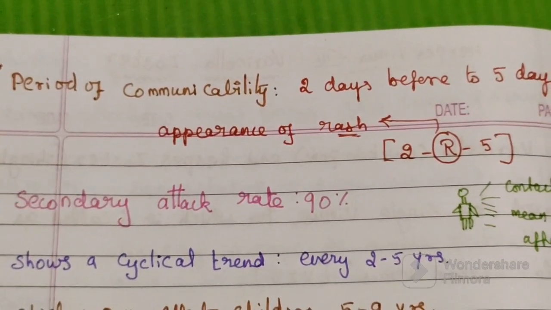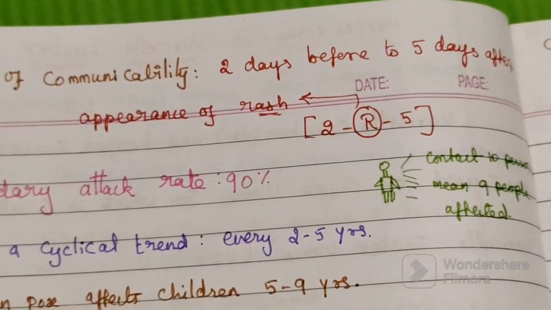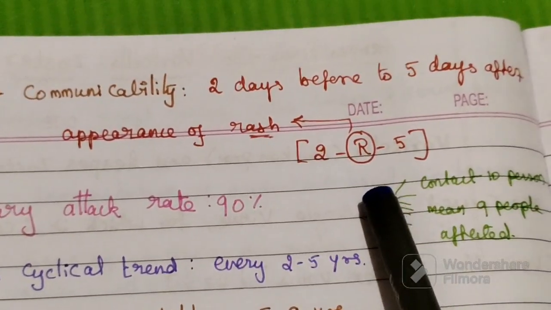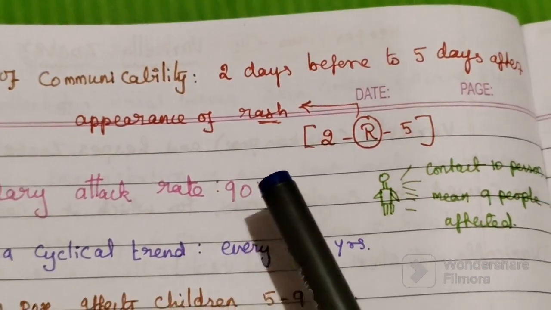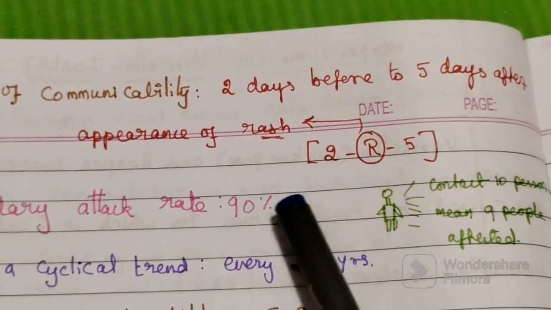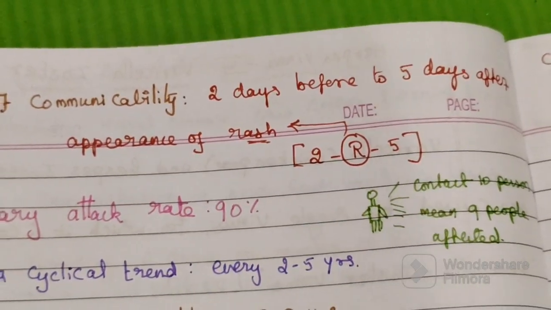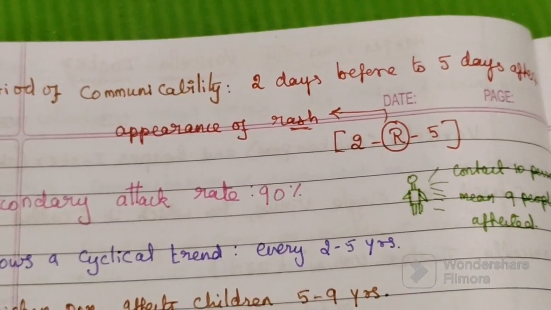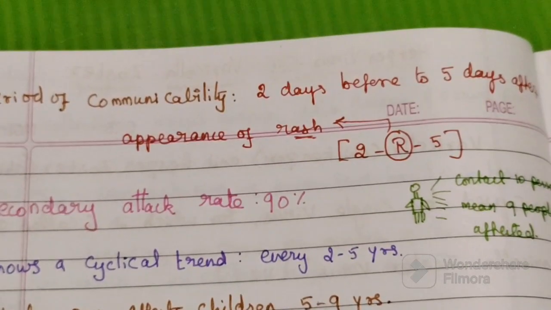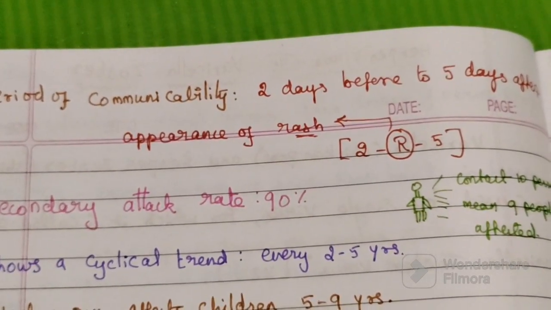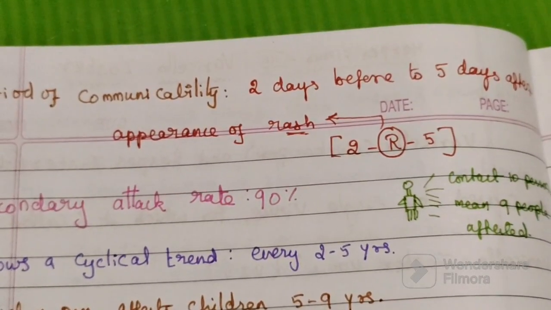What is the period of communicability? The rule is 2 or 5. Here R is rash: 2 days before the rash and 5 days after the rash.